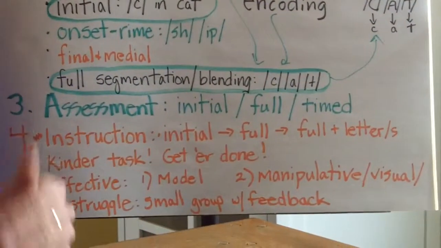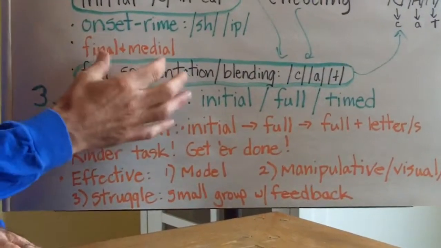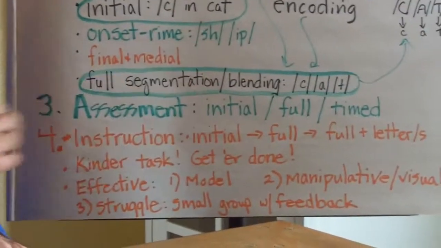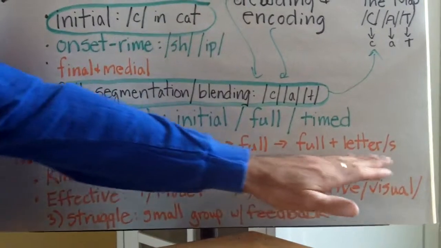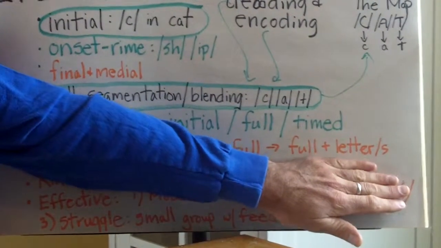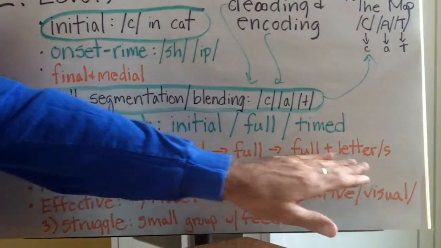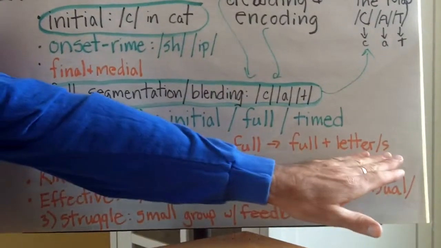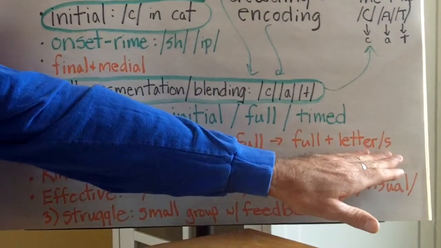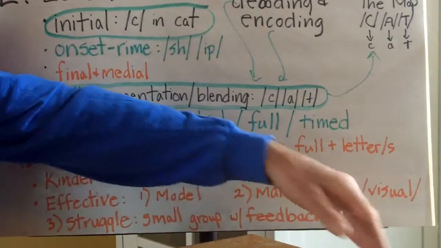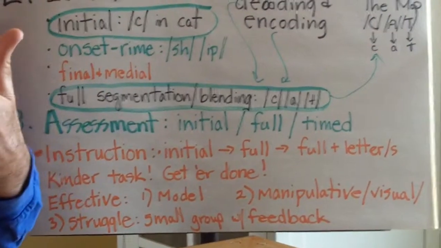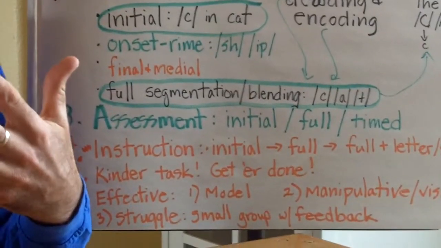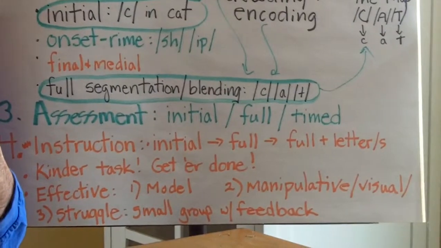And it sort of picks up along the way the final and medial sounds. Okay? Then, as we'll see in Randy O'Connor's chapter 3, we're going to get to the level of full phoneme segmentation plus the addition of letters or letter sounds. And this is where phonemes and phonics actually blend and become the alphabetic principle.